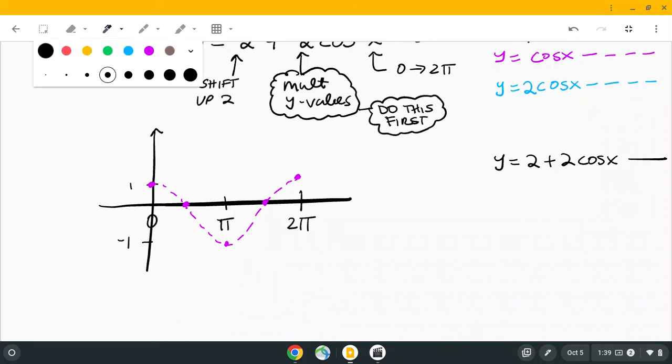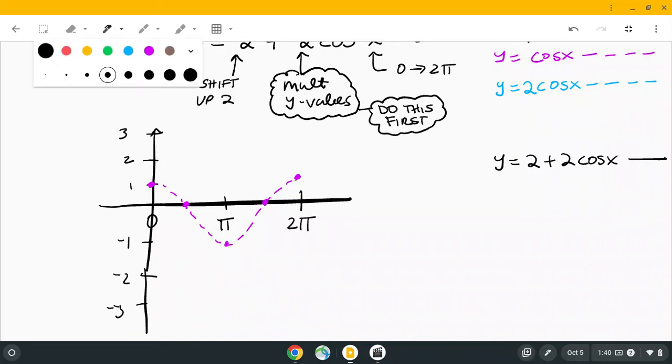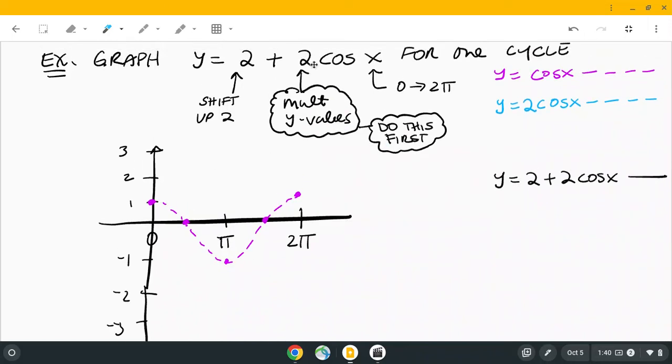Okay, all right, so multiply the y values by 2. That means I'm going to have to extend this. Let me write down some more numbers. 2, 3, -2, -3. I'll add more if I need to later. Okay, so all right, this is the original graph, just basic cosine x. And now I'm going to multiply the y values by 2. Y value is 1. 1 times 2 is 2. Y value is 0. 0 times 2 is 0.